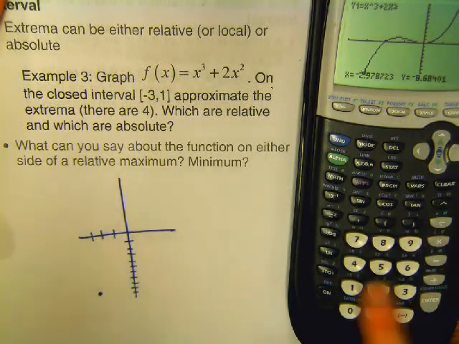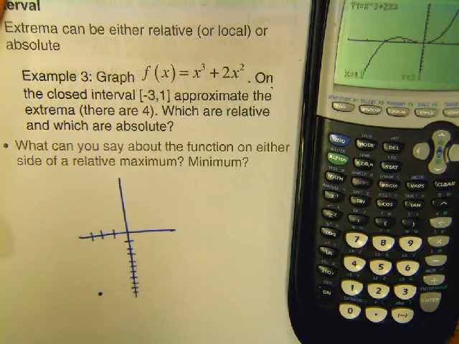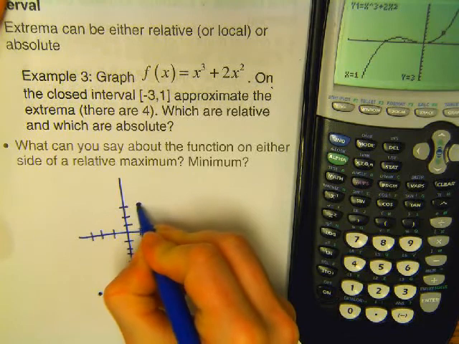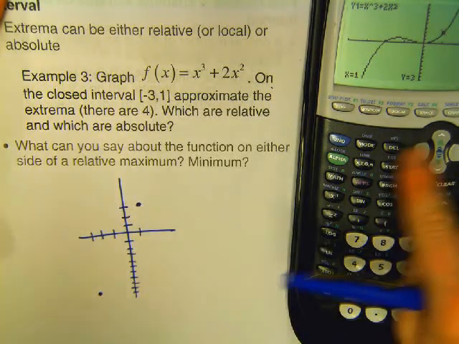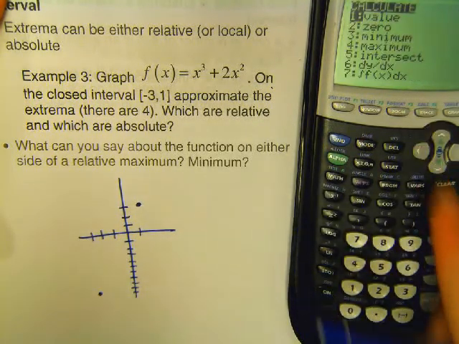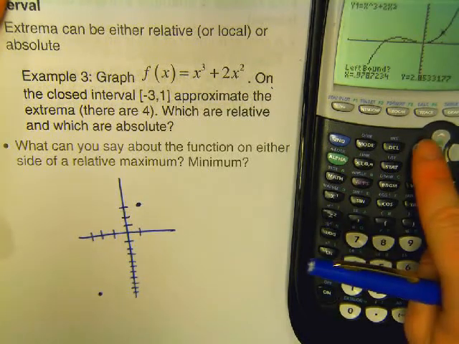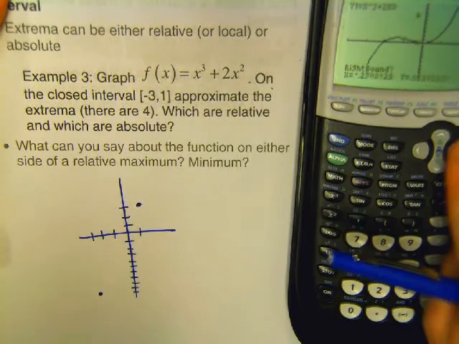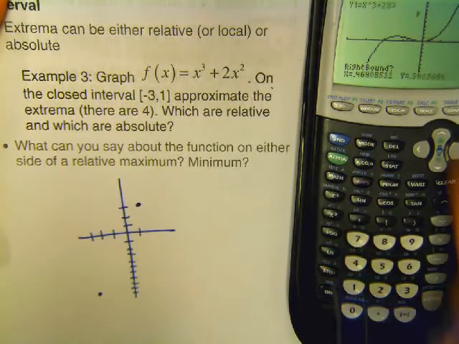Okay. And then we have some locals. The minimum, I know this is 0, 0 without even doing this. And let's find this maximum right here.